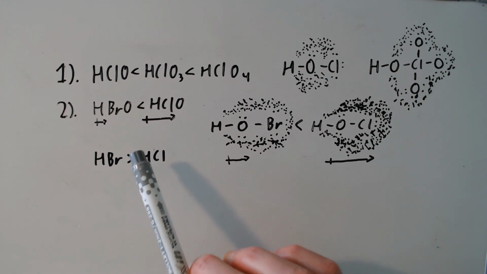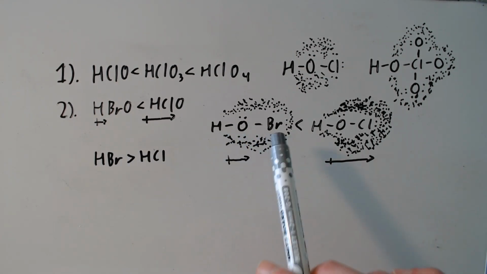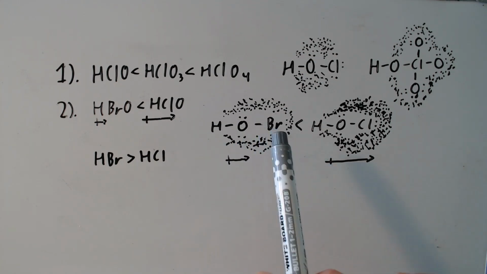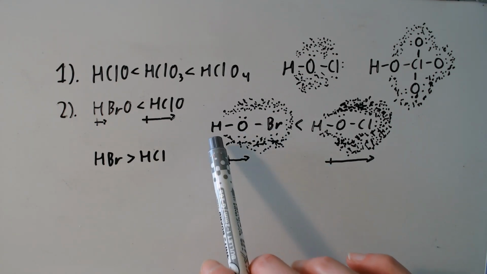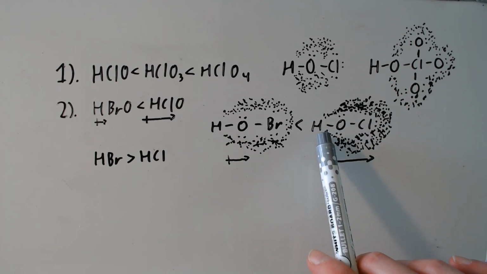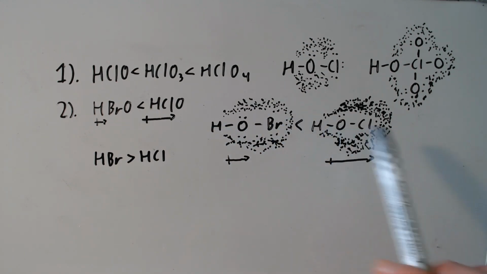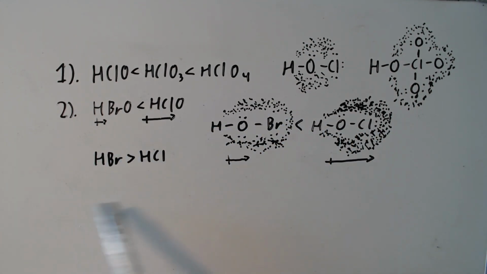Well, the answer to the question is that, again, we need to look at the structure, and we see that in the structure for the oxyacid, the Br, the bromine, is not directly bonded to the H, and the Cl is also not directly bonded to the H. And that means that the bond strength between the H and Br doesn't matter here as much as it does in our binary acid.